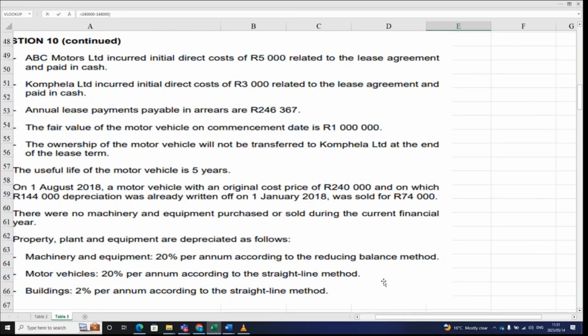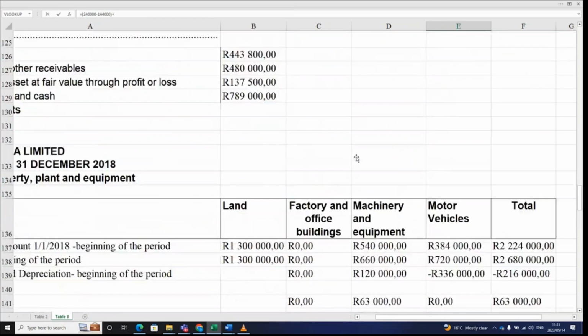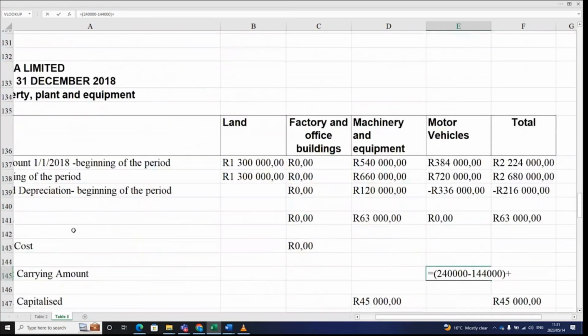So then motor vehicles are depreciated at 20% per annum according to the reducing balance method. Okay. So now we add, just come here so that you just see the numbers. Okay. So that is the 240,000, which is the cost. Okay. This is the 144,000, which is accumulated depreciation as at 1 January 2018, beginning of the year, right?